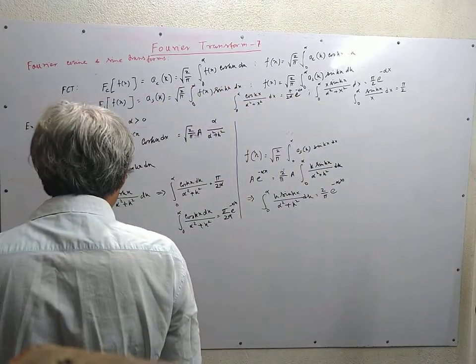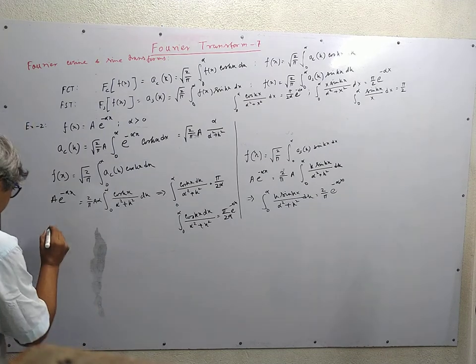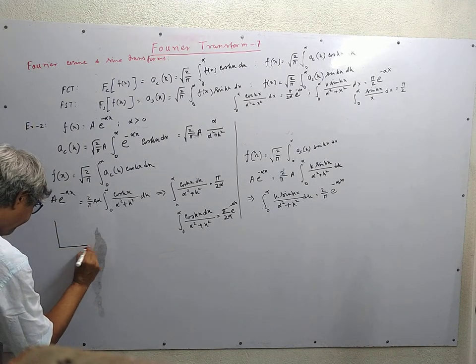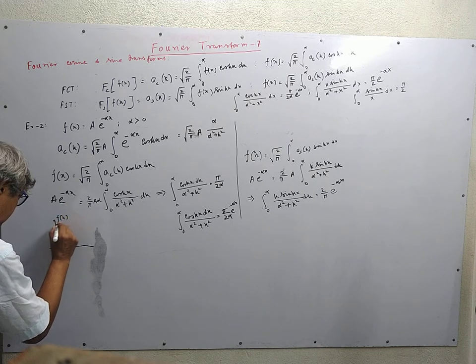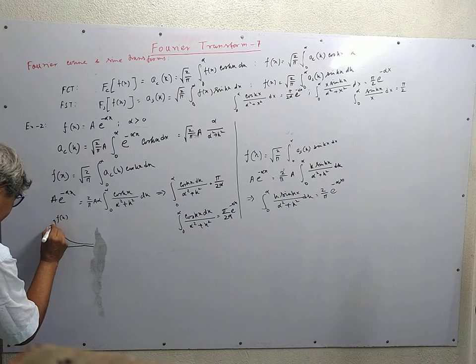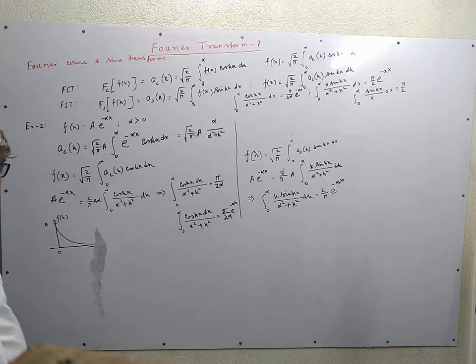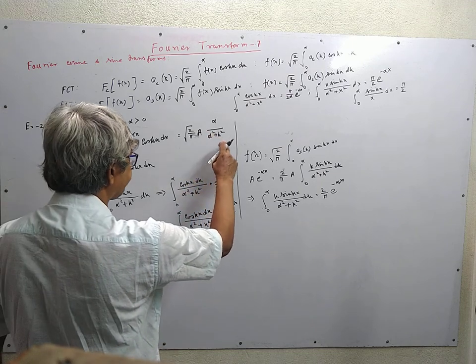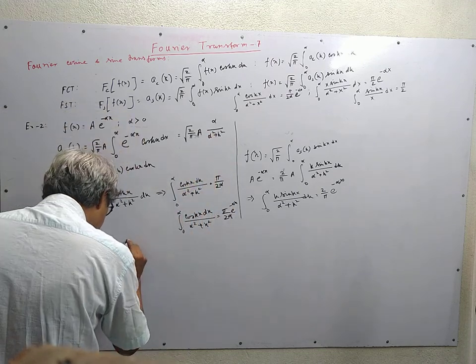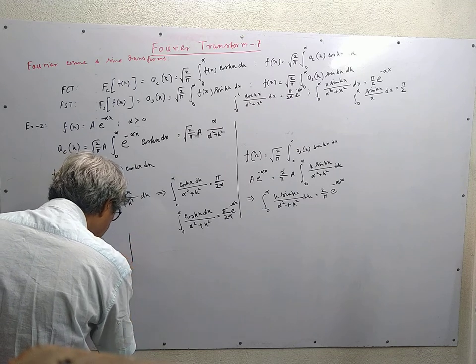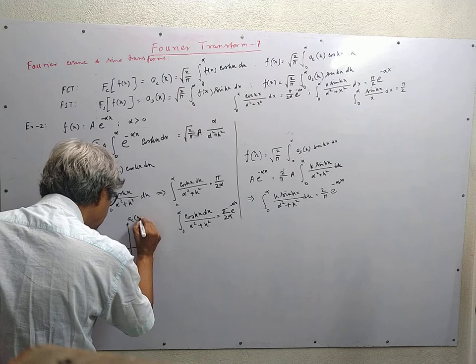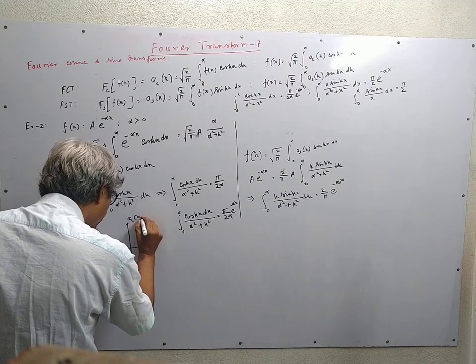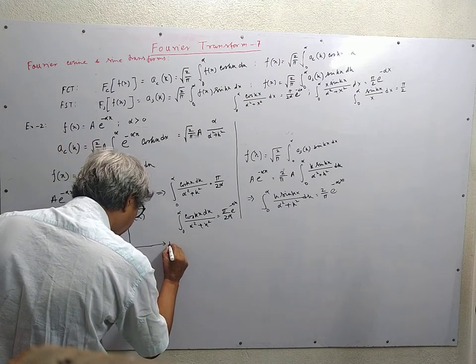Now come to the graphs of this function. The function itself is an exponential function. This is a value. If we consider the cos expansion, this is there, A C of k, and this is a function of k.